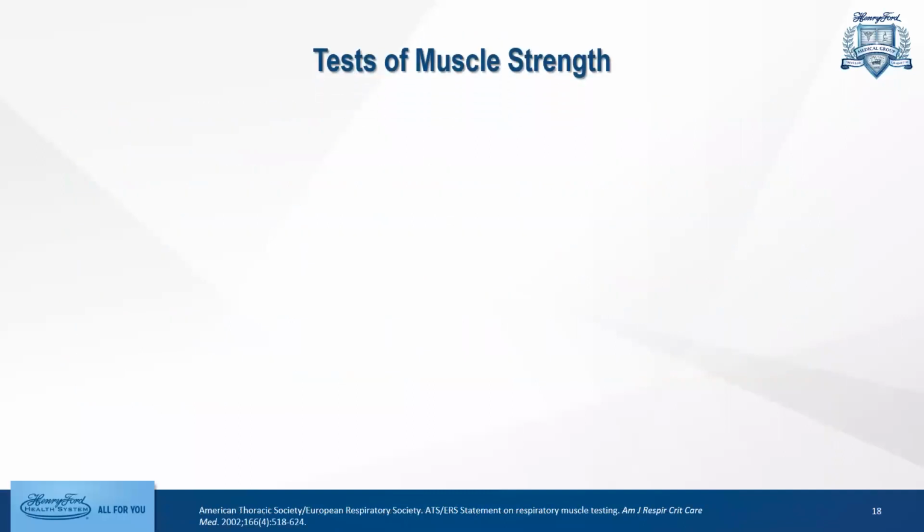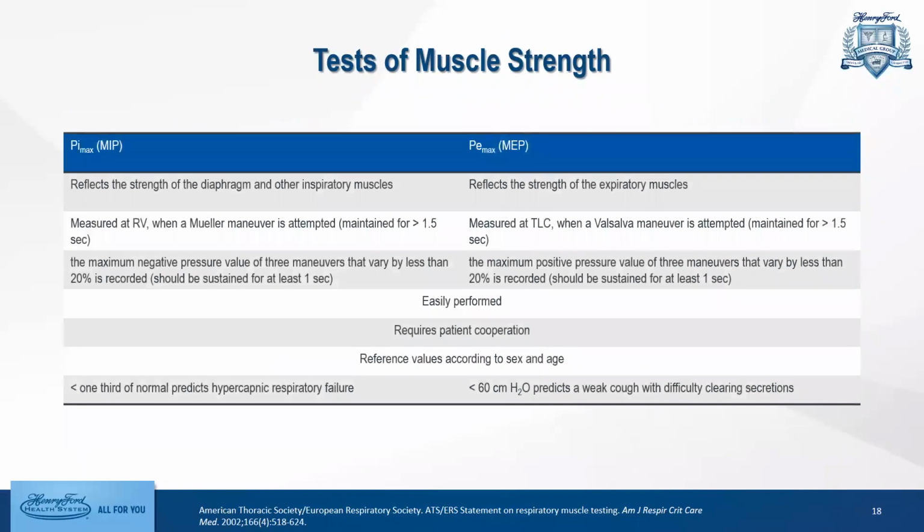So now let's talk about tests of muscle strength. Those include PImax, or maximal inspiratory pressure, or PEmax, maximal expiratory pressure. PImax reflects the strength of the diaphragm and inspiratory muscles. Usually, you measure that during a maneuver, and we're going to talk about it.